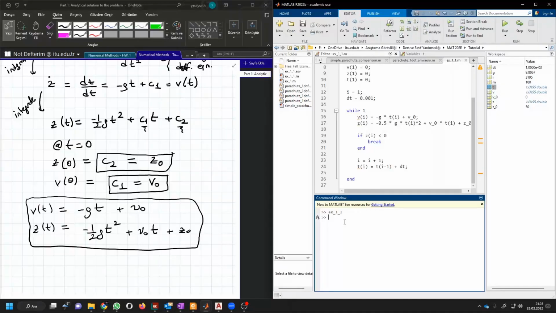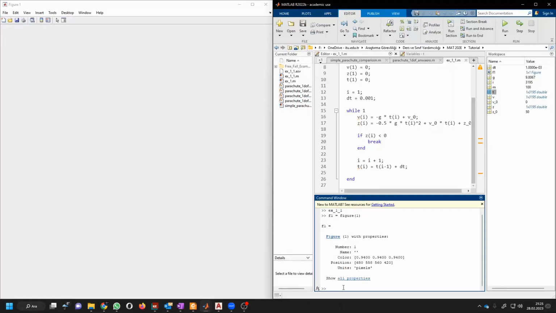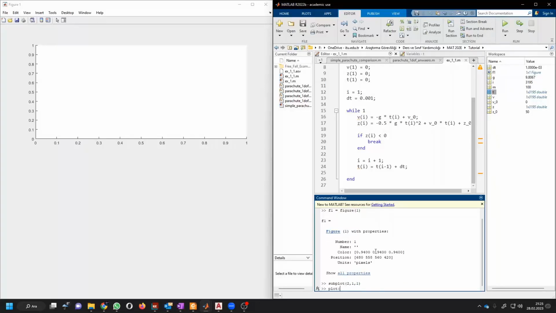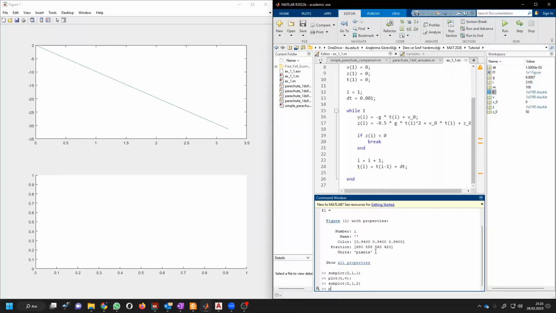using the plot function. Let's say f1 as figure 1, subplot 2, 1, 1, plot velocity with respect to time, subplot 2, 1, 2, plot position with respect to time.